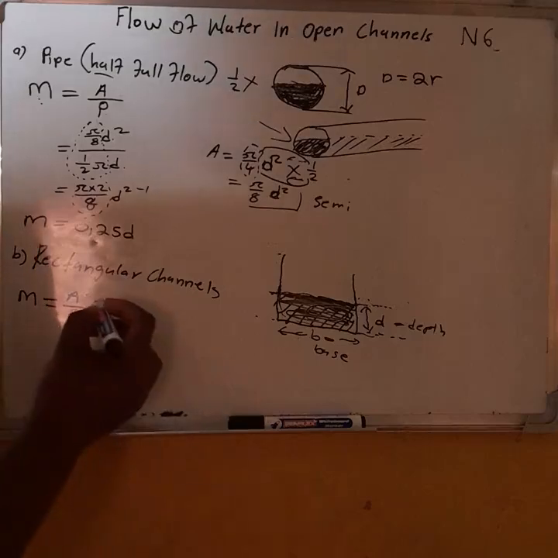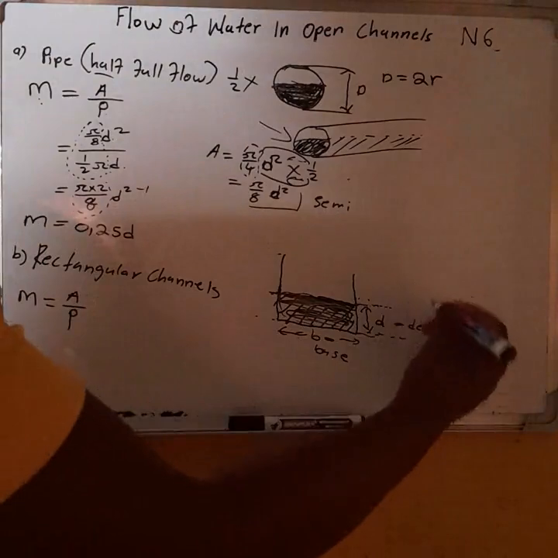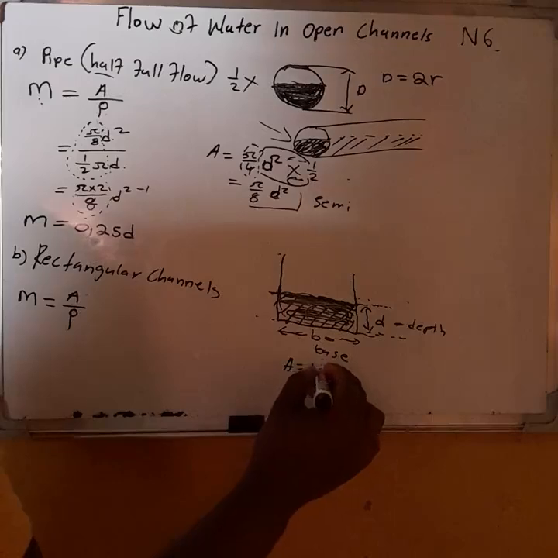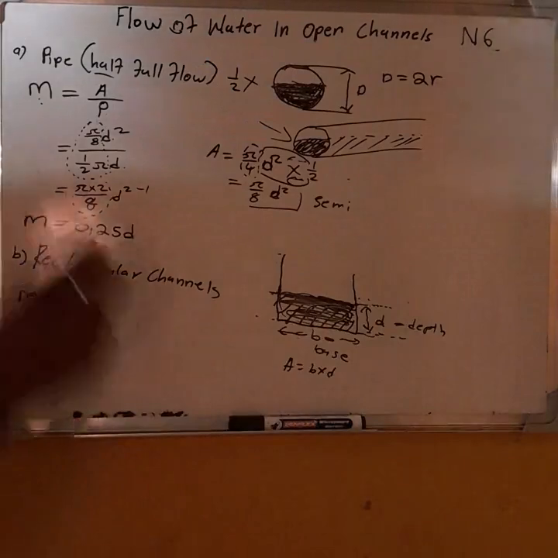Alright. We know the area of the rectangle. The area is B multiplied by what? By D. It's base multiplied by the depth.